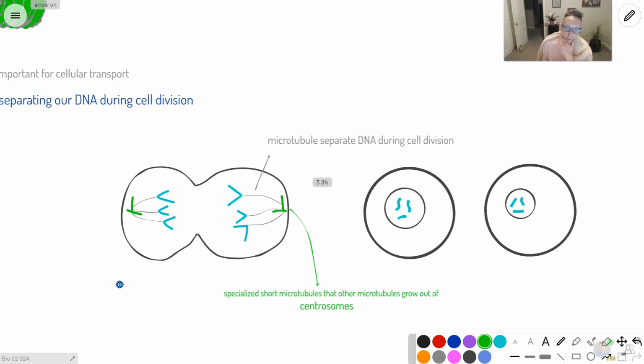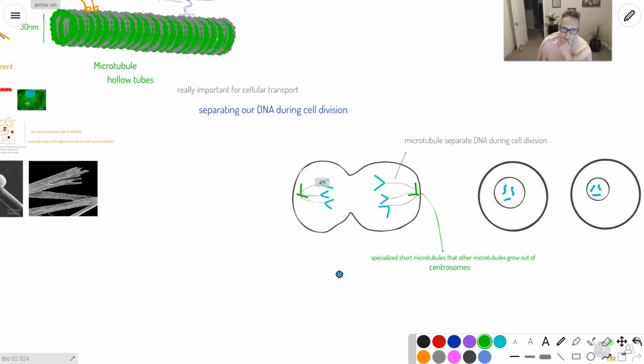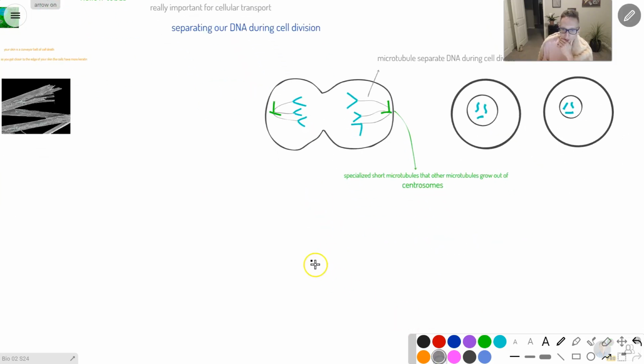Things like sperm tails also. We've got our little sperm here. We draw a little sperm, and then they've got this big old long tail. It's called a flagellum, similar to a bacterial flagellum, but a little different.